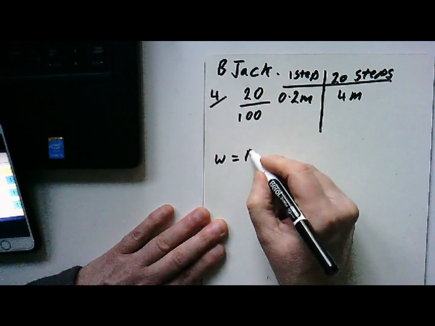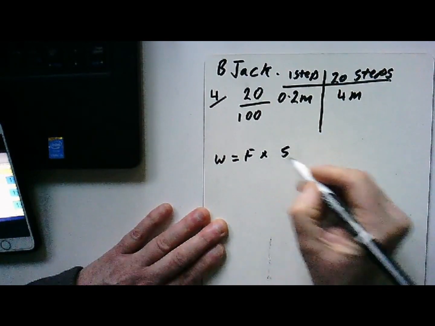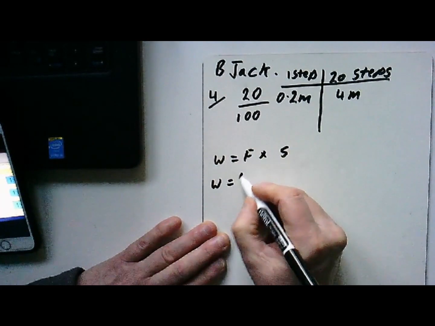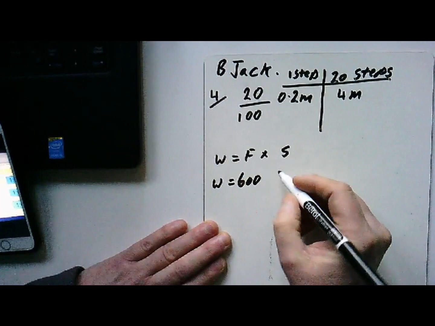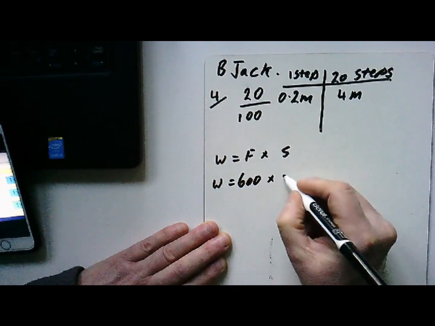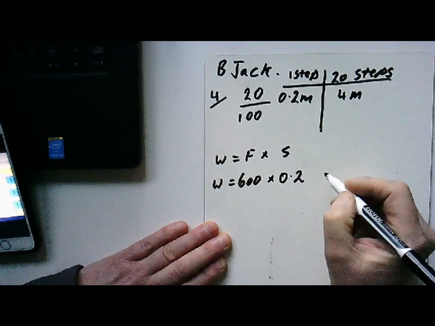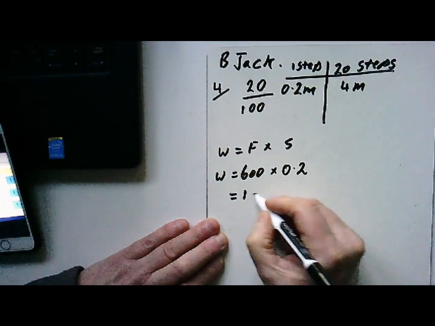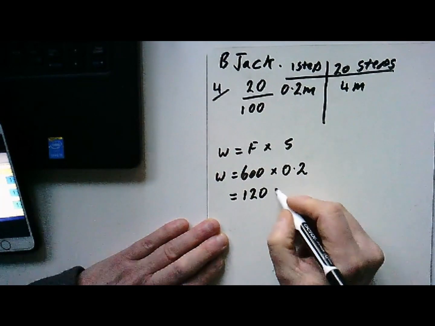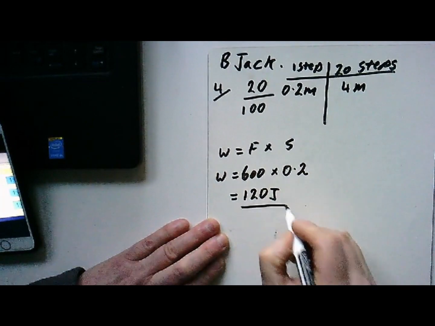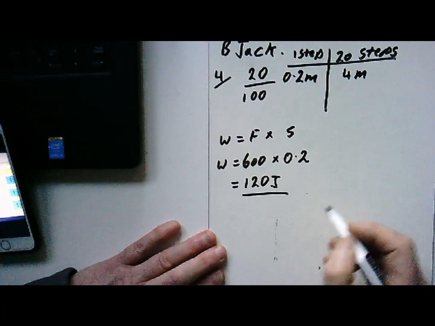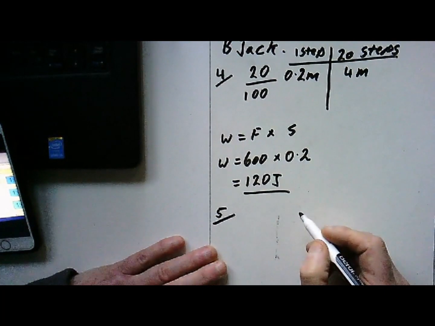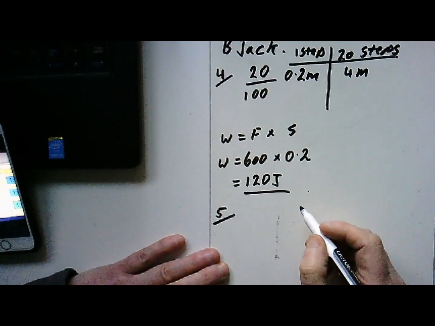Work done equals force times distance moved. So W equals Jack, who weighs 600 newtons, and the distance is 0.2 metres. Put those into a calculator if you need to, and the answer is 120 joules.